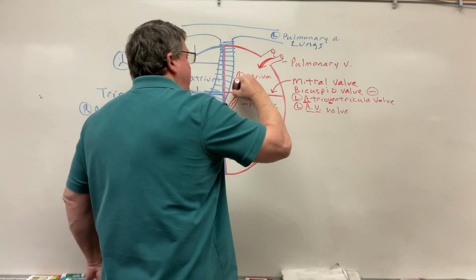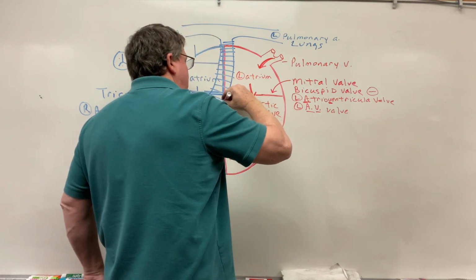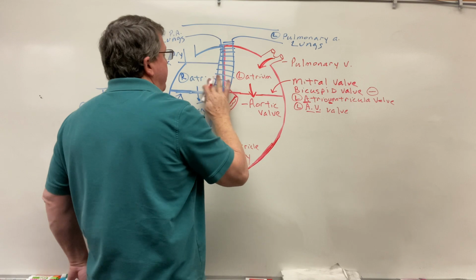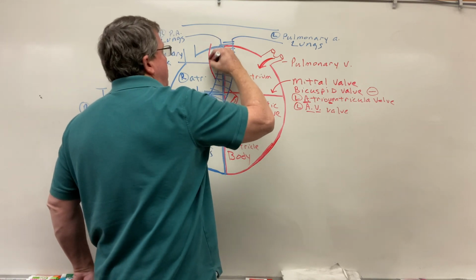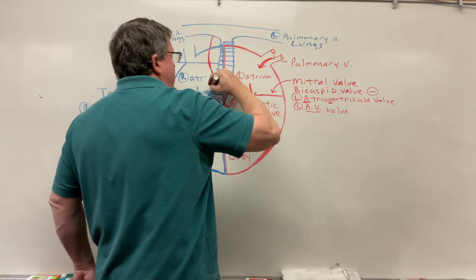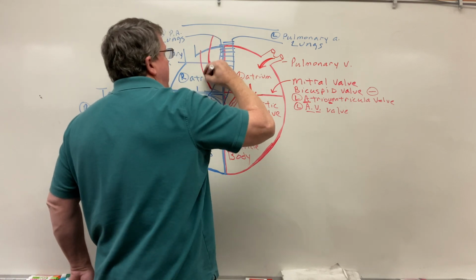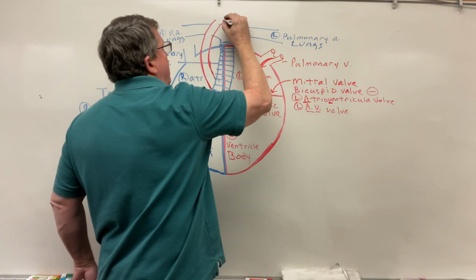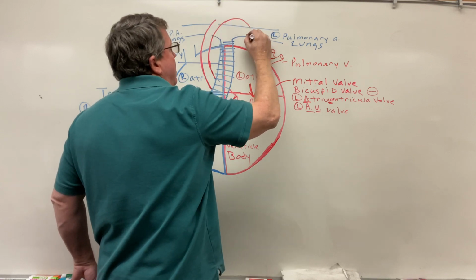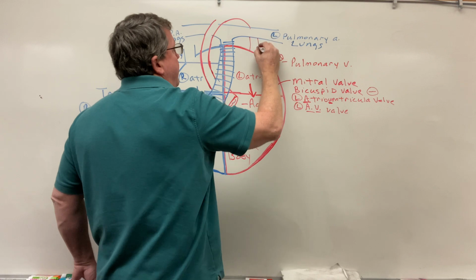And it's going to enter into the aorta. The aorta is going to leave the heart, go up, and come back around and go behind my pulmonary arteries.